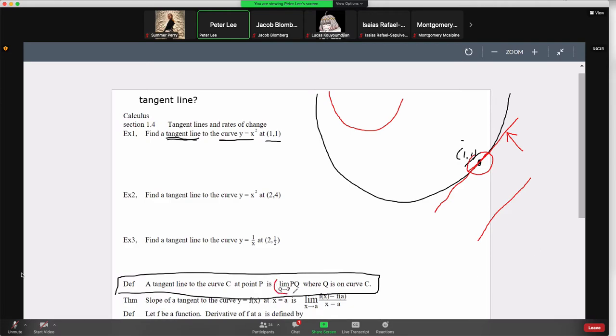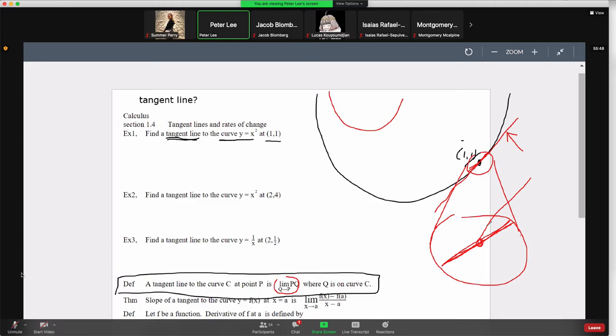So we have to understand what this limit is. When you magnify this part of the curve 100 times, or 1,000,000 times, then in this circle right here, the curve is going to look like a line. And that line is what we call the tangent line. It is the linear behavior of that curve near that point.